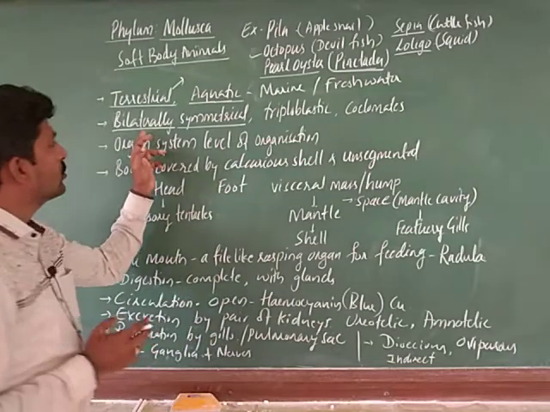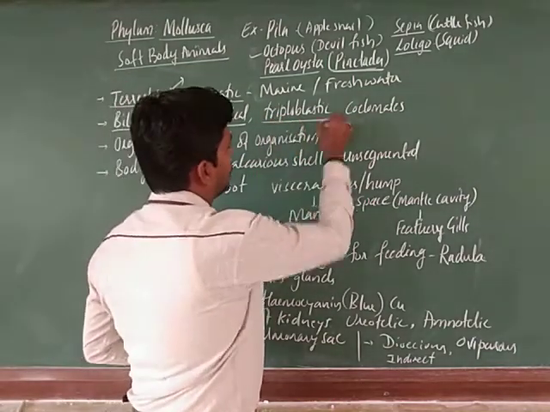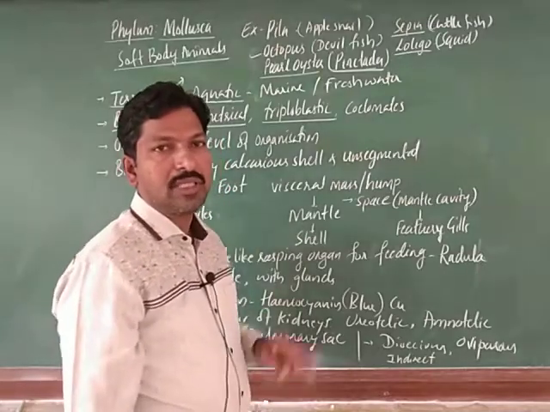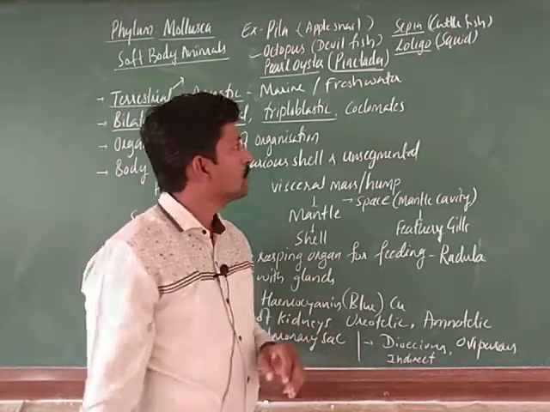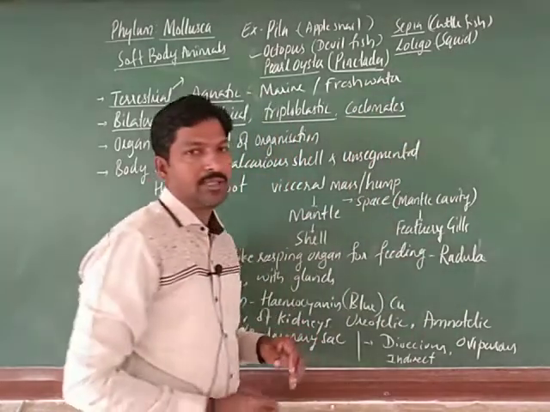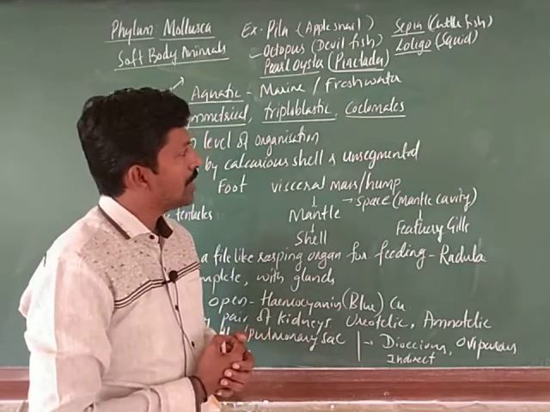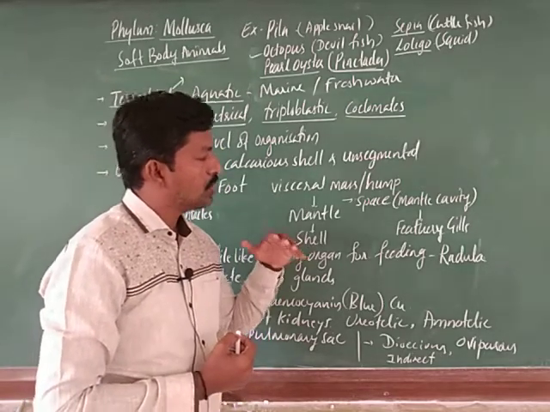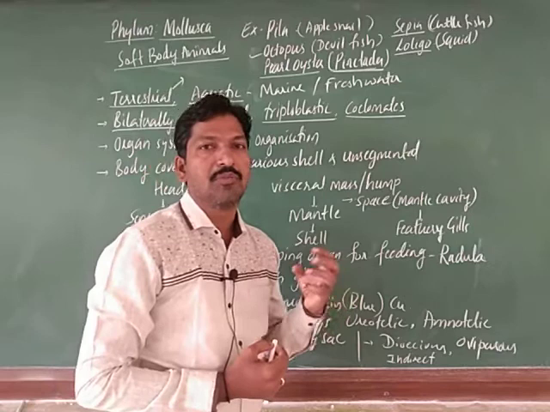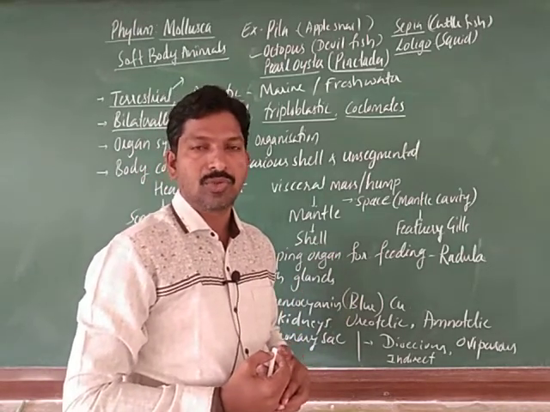Almost all show bilateral symmetry, and they are called triploblastic because the whole body is formed by 3 germ layers, as you know already, and coelomates. They are considered true coelomates, but sometimes a portion of the coelom is filled with blood, because circulation is open type. There is no closed circulation.